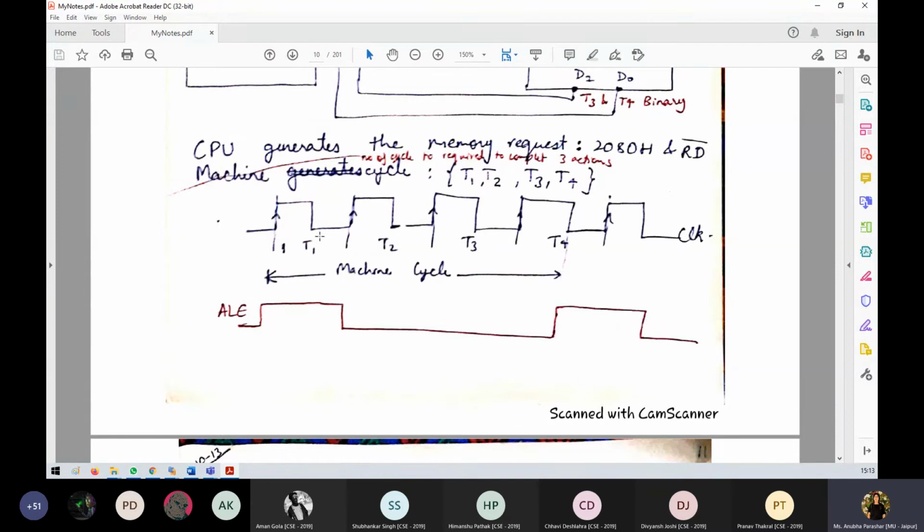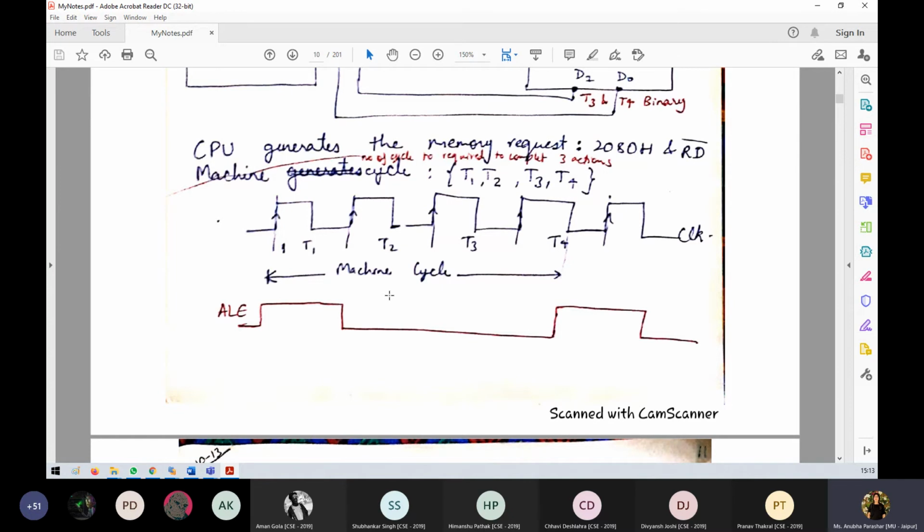Generally, what is the CPU cycle? It depends upon what kind of architecture it is. Suppose it is taking micro, nano, or whatever, the cycle time could be any, but in one cycle it performs a certain operation.